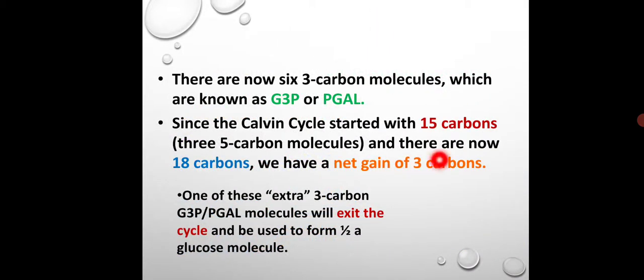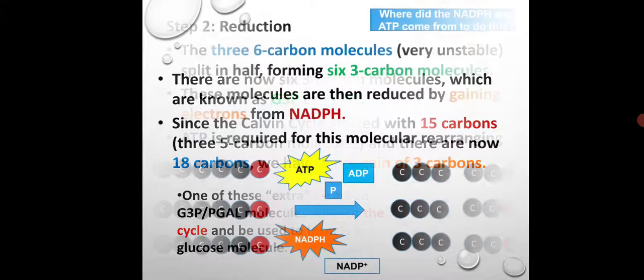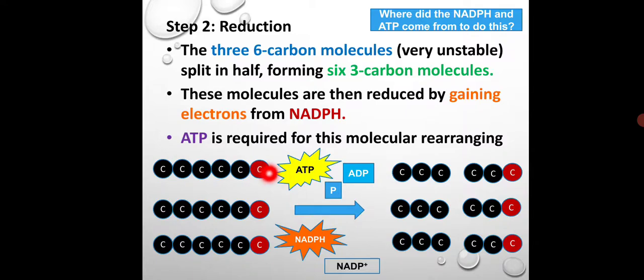Now एक्स्ट्रा 3 कार्बन ऐड हो चुके हैं. Okay, we have a net gain of 3 carbons. यहाँ पर हमें 3 कार्बन्स ऐड हो चुके हैं. See 1 2 3.